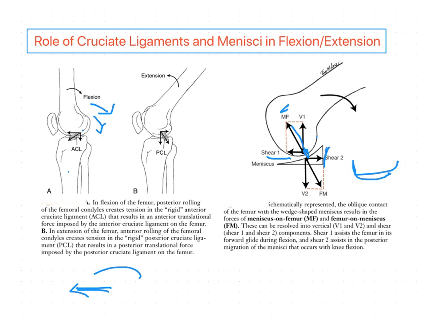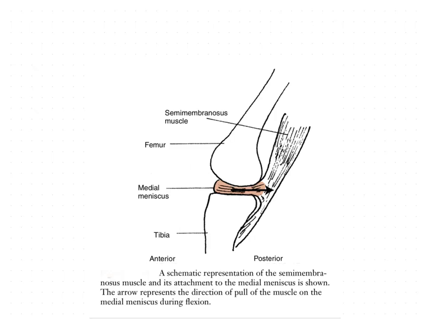During knee flexion, for example, if you can see here, it is going to be posteriorly deformed. The semimembranosus muscle exerts a posterior pull on the medial meniscus, whereas the popliteus muscle assists with posterior deformation of the lateral meniscus.